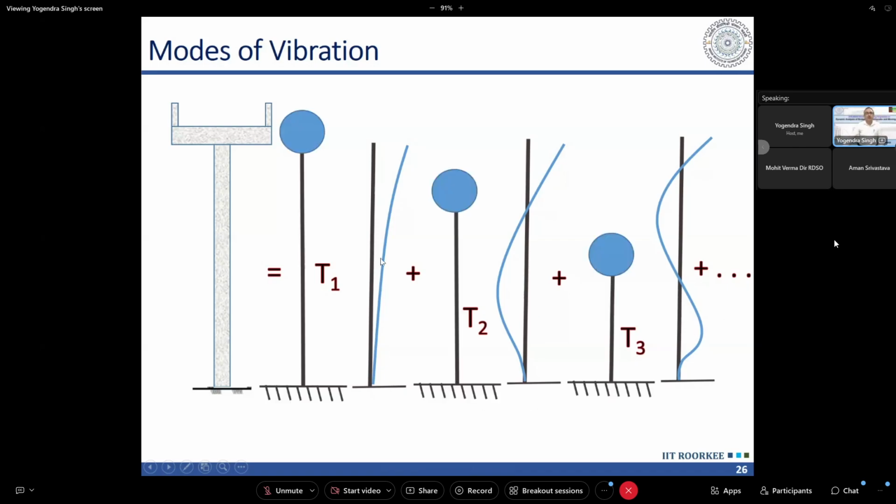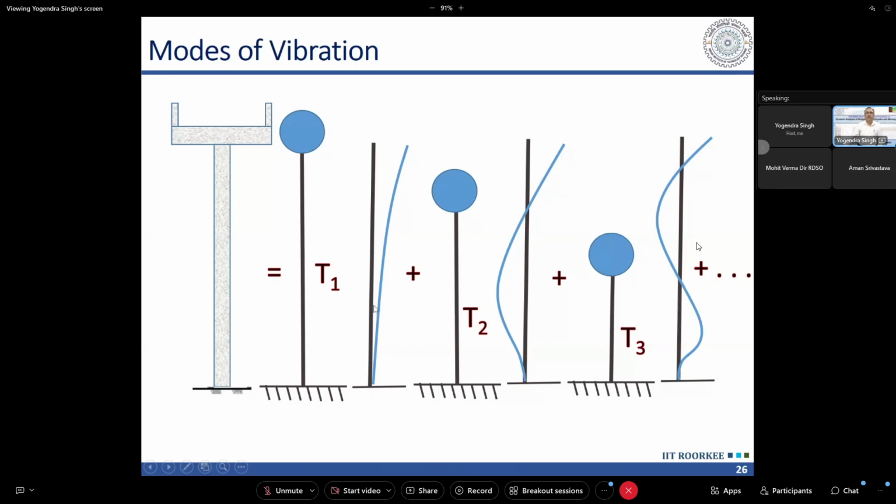So rather than analyzing the structure as a whole, we consider the structure as a superposition of the response of different single degree of freedom systems, and corresponding to each mode, the single degree of freedom system has the period of vibration of that same mode.